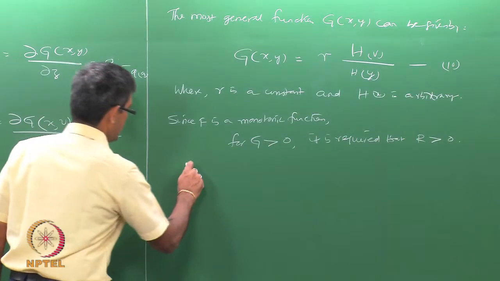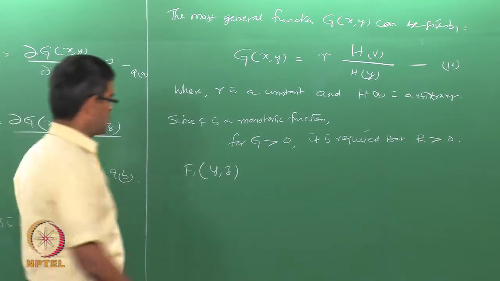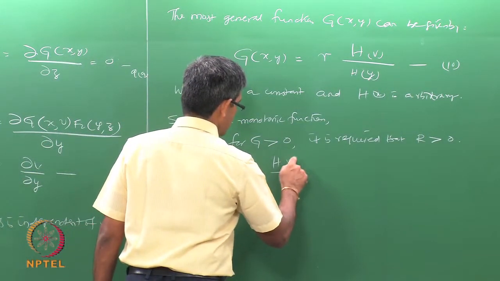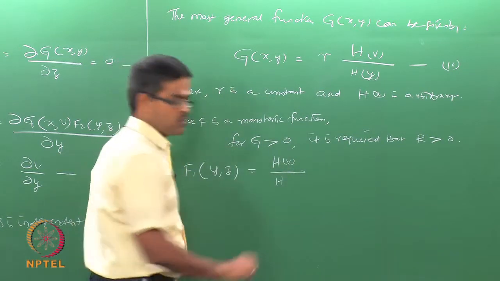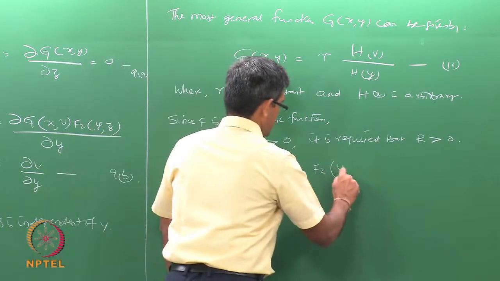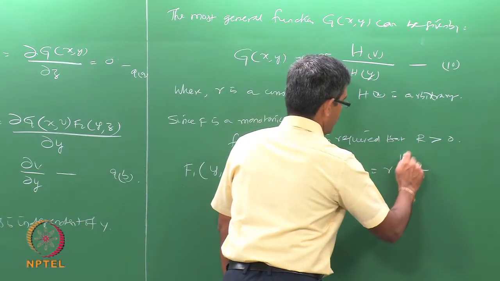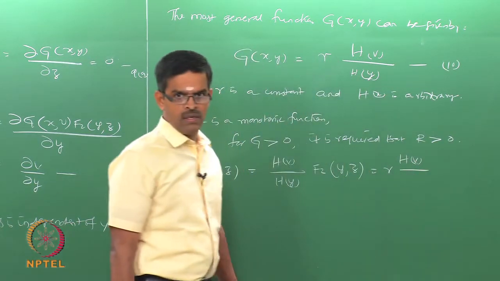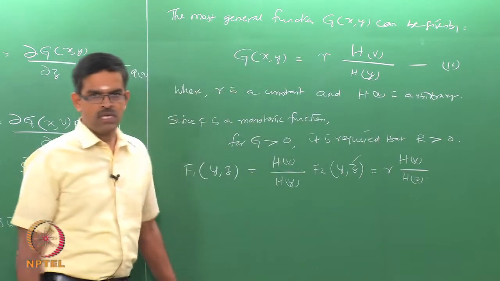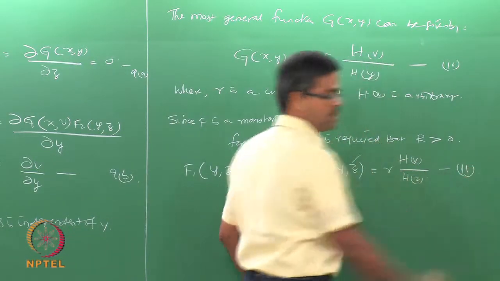In such cases, f1 of y z can be expressed as h v by h y, and f2 of y z can be said as r of h of v by h of z, because I have a variable z in this case. Equation number 11.